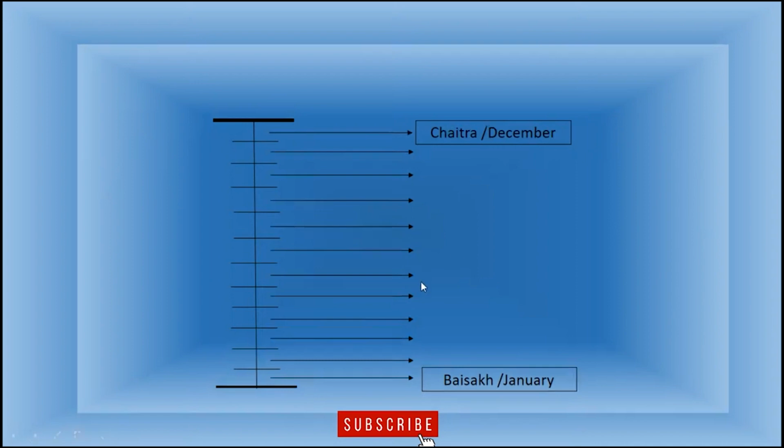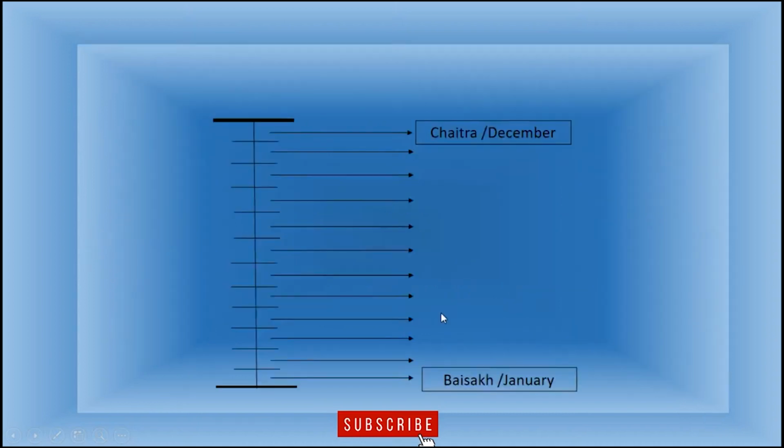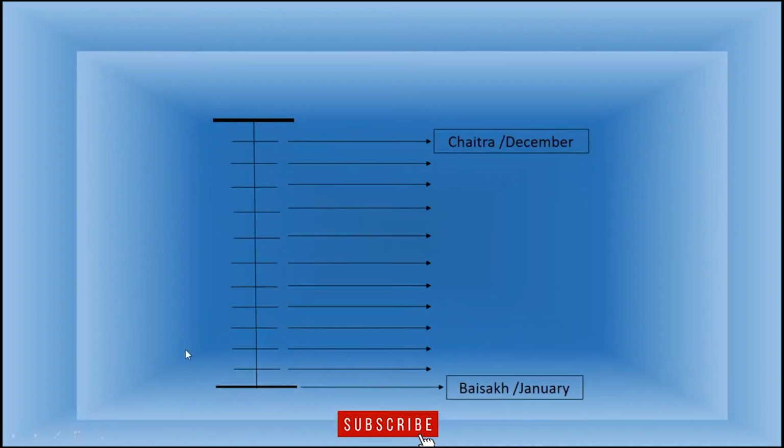Similarly, sometimes you can take the space between the year line and the first month line as a month and mark it in between two lines. You will understand by this picture. The first way we discussed is that the first year line is Baisakh, the second line is Jyesht. But you can do it in another way also.